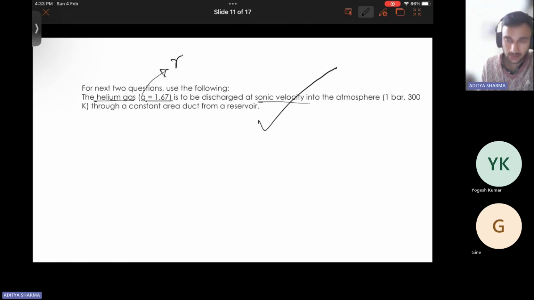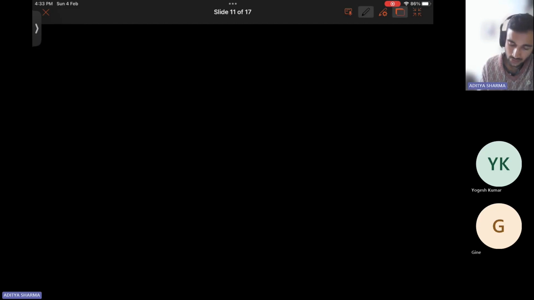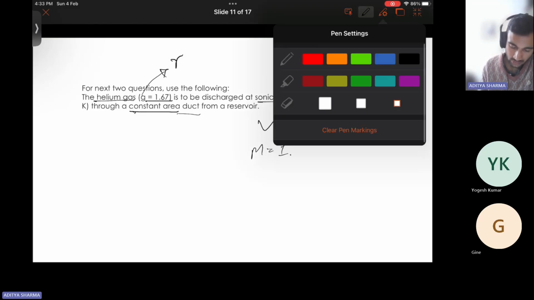What is sonic velocity? When Mach is 1. It is discharged into the atmosphere, where the atmospheric condition is 1 bar and 300 Kelvin, through a constant area duct.